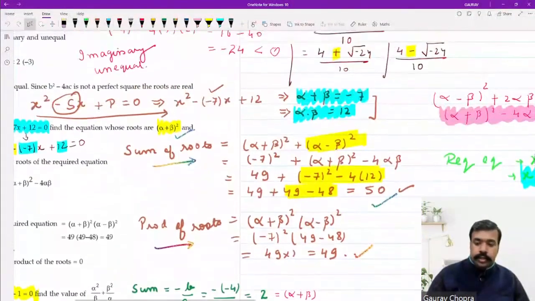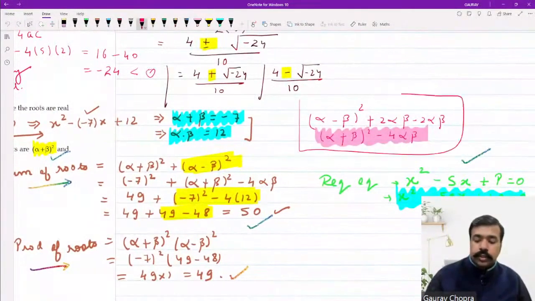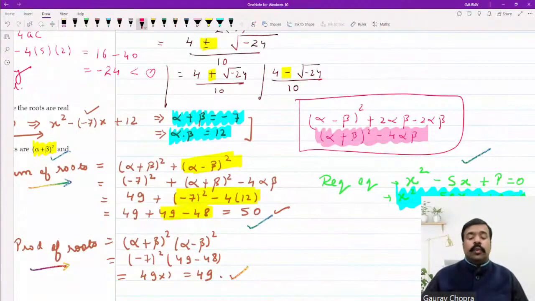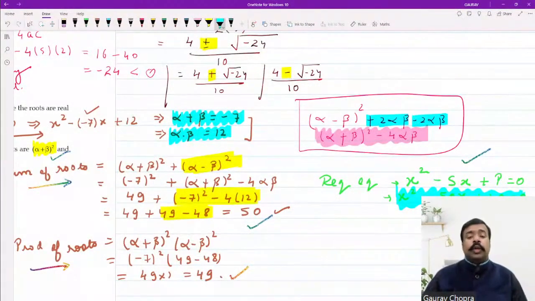This was alpha minus beta whole square and we do not have the value of alpha minus beta. So that is why we have added alpha beta and subtracted alpha beta. Because of this the formula changes to this one.